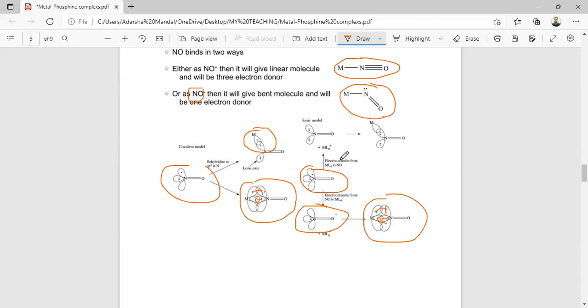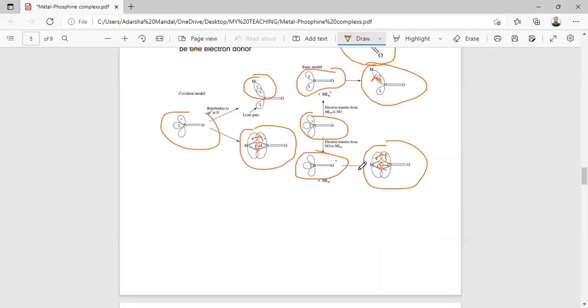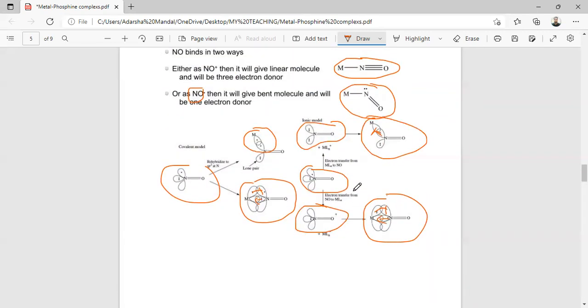And when it binds in the bent fashion, electron transfer from the metal to NO happens, and this is NO-, and then electron donation from the nitrogen orbital to the metal is happening. So this is all about the nitrosyl ligand.